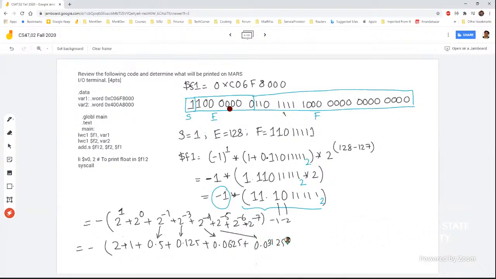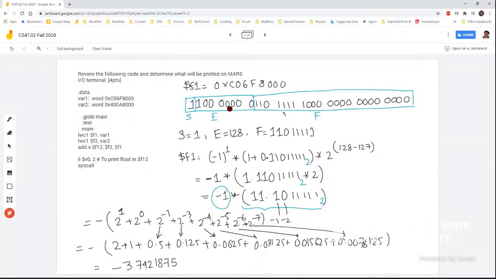Basically, you are just dividing each step by 2. Then it is approximately 0.015625, and this one is approximately about 0.00782125, which boils down to about 3.742185.